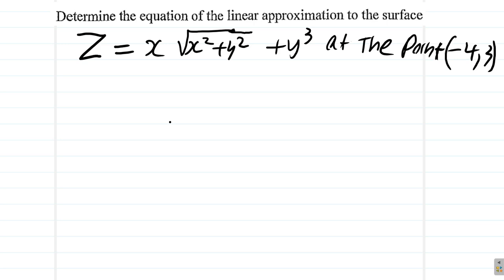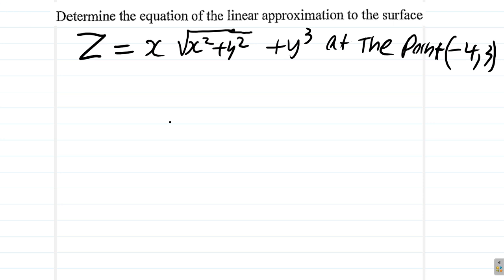Determine the equation of the linear approximation to the surface z equals x times the square root of x squared plus y squared, plus y cubed, at the point (-4, 3).